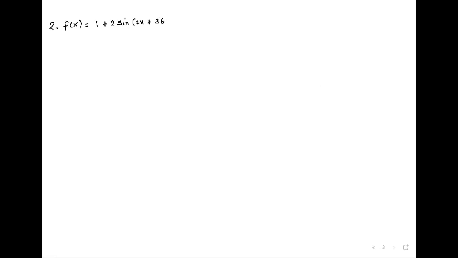Let me use just a small number here. By using degrees, maybe we understand degrees better than radians. So we start with degrees, and we get the properties.